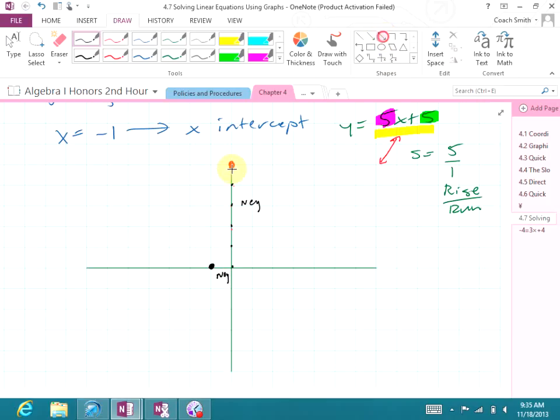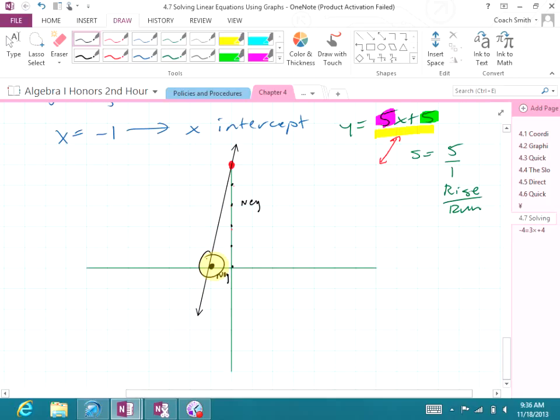And therefore, I take a line and I draw it through that point and through that point there. And sure enough, we have proved graphically that is my answer.